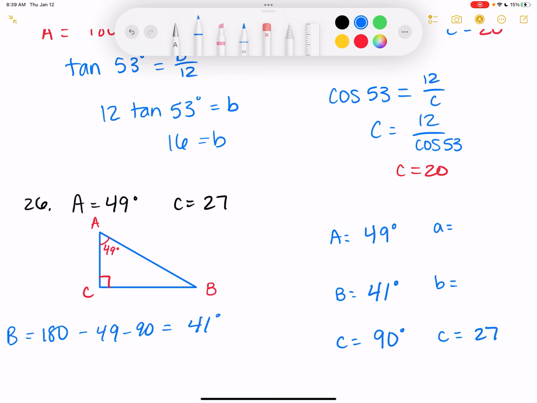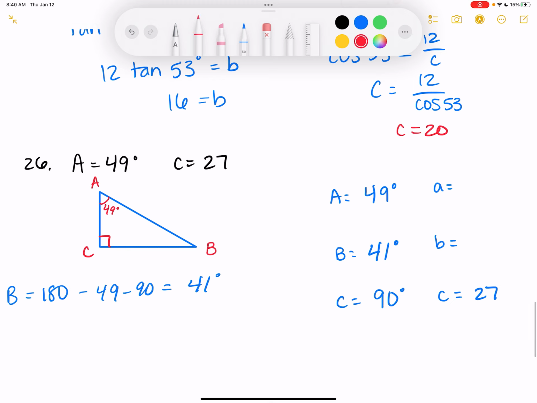So now I need side A and side B. I'm going to use, well, it really doesn't matter. You can use A or B, but A was given to us to begin with.